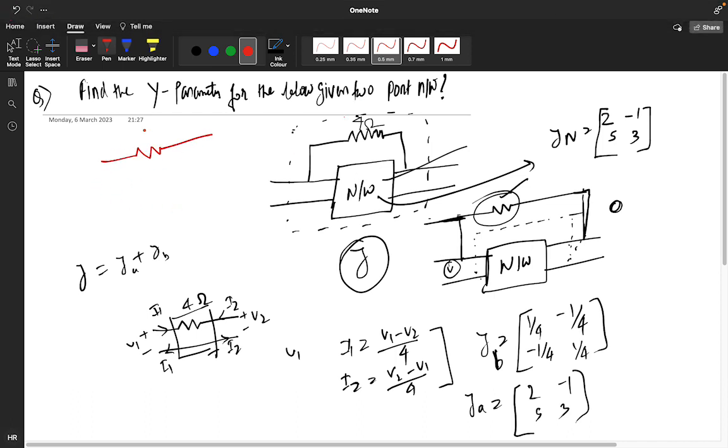You assume another wire, v1, v2, with currents I1 and I2. Just simply apply nodal analysis: v1 minus v2 divided by 4, and v2 minus v1 divided by 4, put the values and get the result. It's very simple, right?